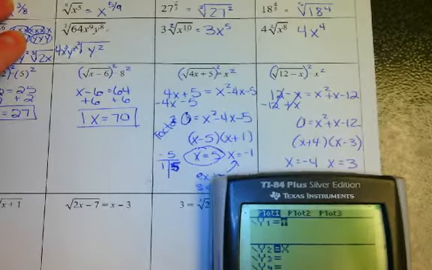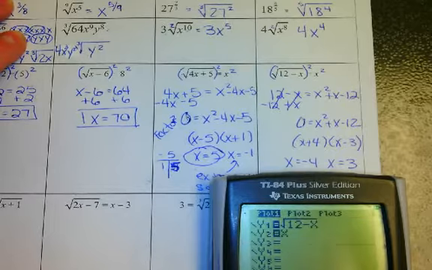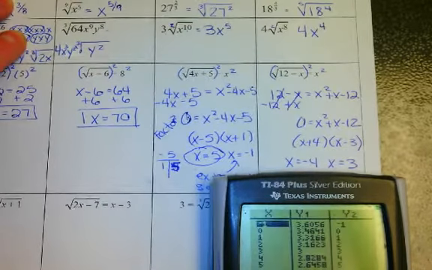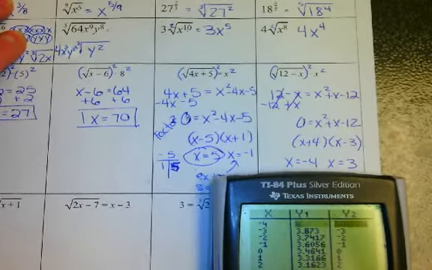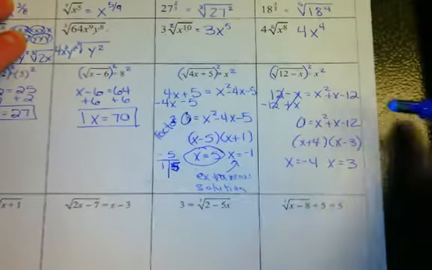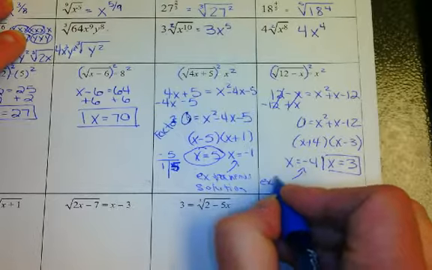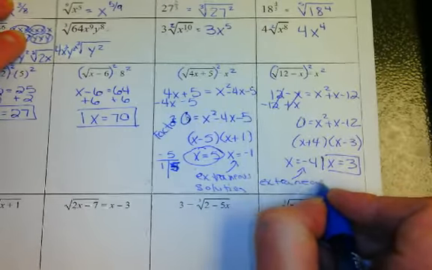Make sure, again, you check these. Negative 4 is your extraneous. So this is your answer. That's extraneous.